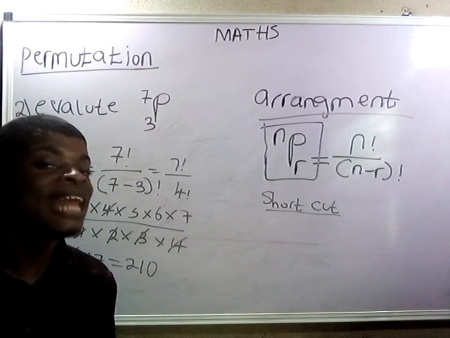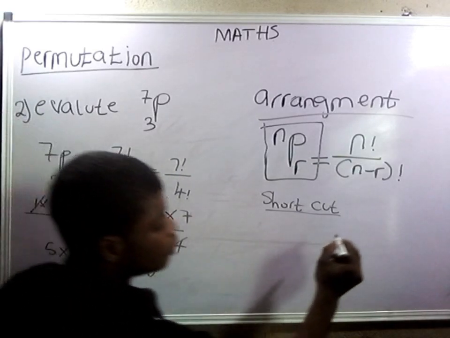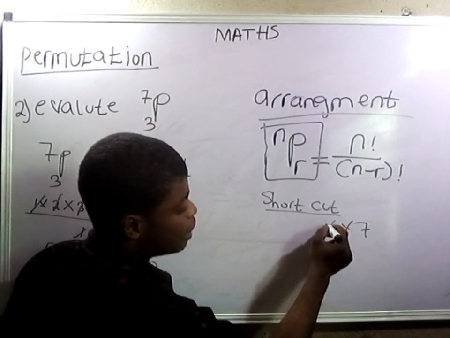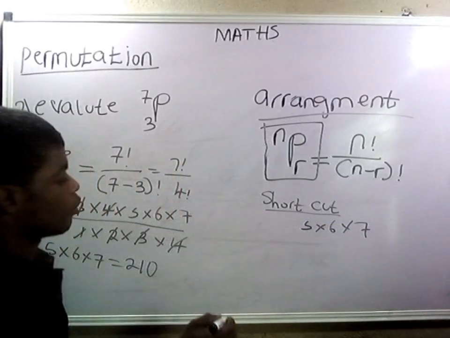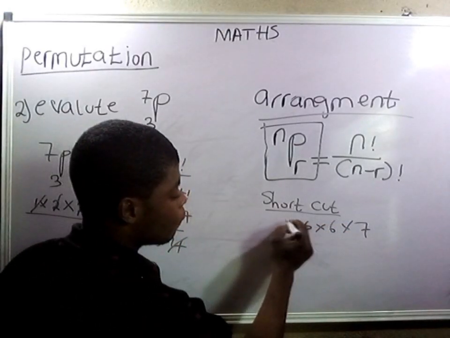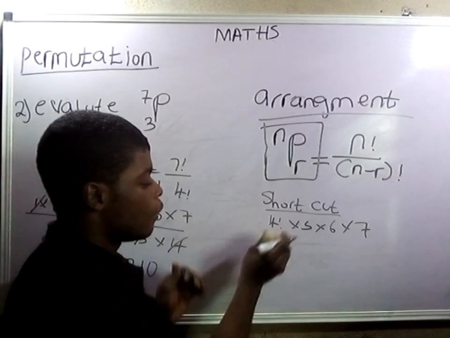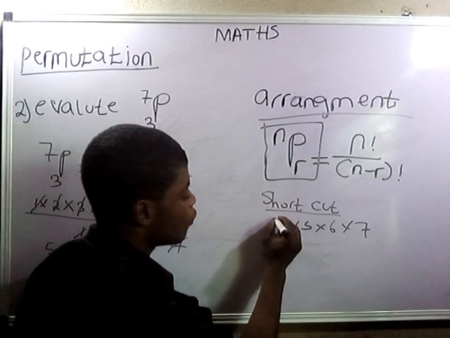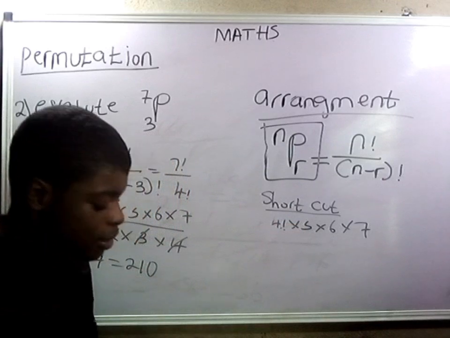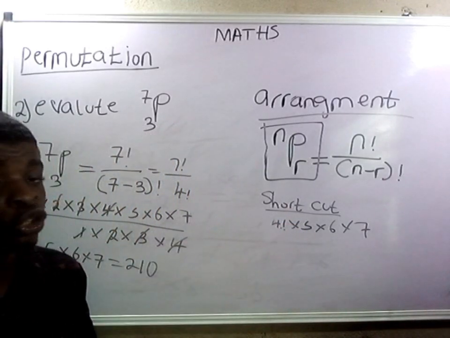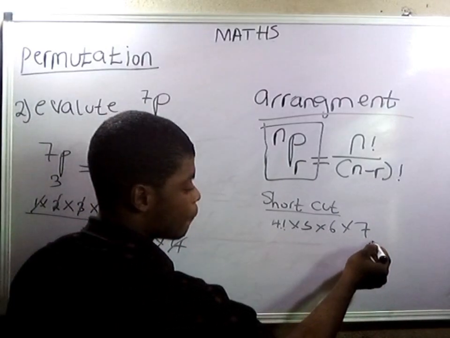So it means 7 times 6 times 5 times 4. But we don't write 4 factorial, because if we do, we will still get 4 times 3 times 2 times 1. So we stop at 4, since we have 4 in the denominator. This is the shortcut we have to apply.